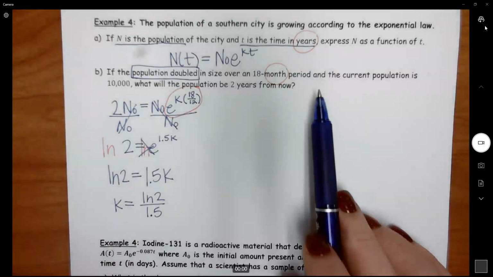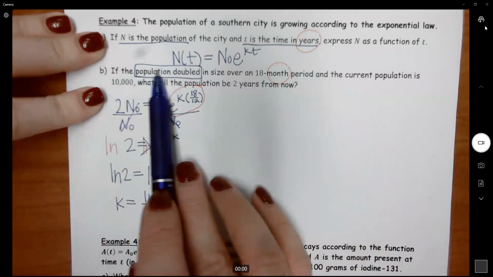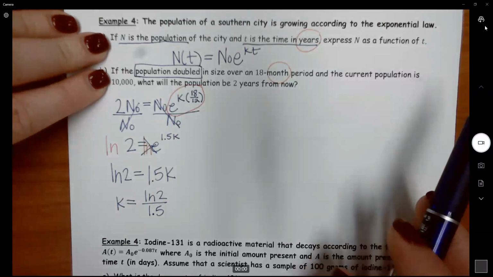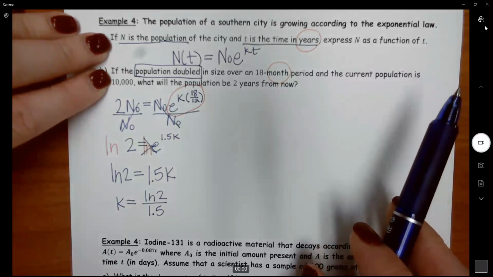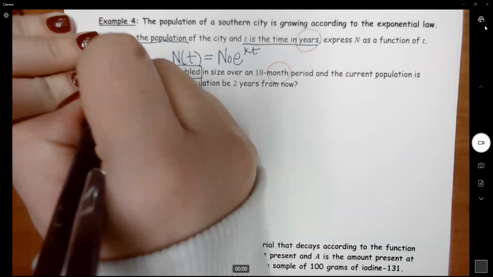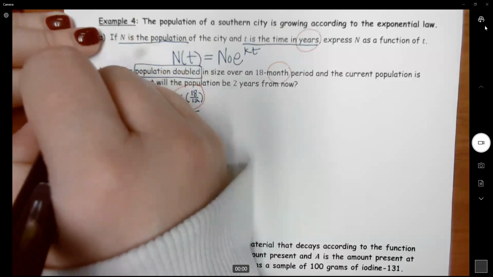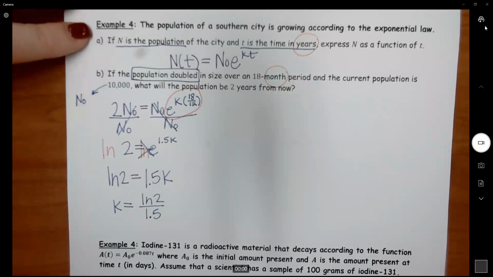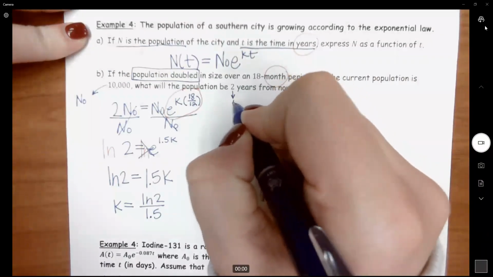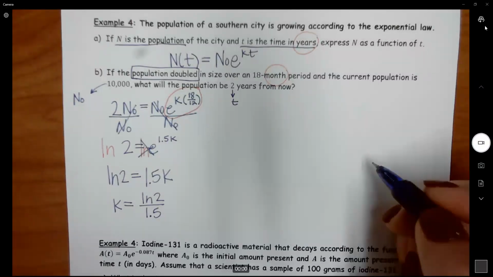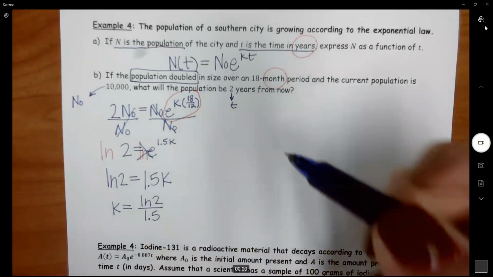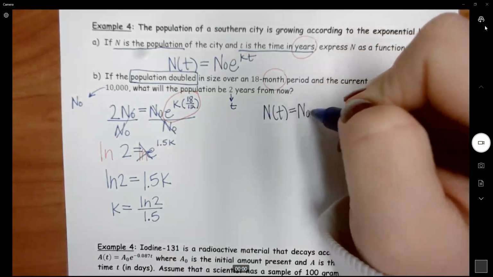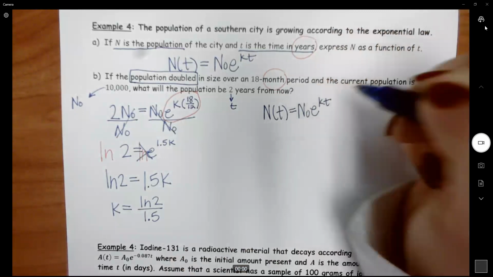So now we have dealt with this first portion here. Now it says the current population is 10,000. So this is my N naught. What will the population be in 2 years? This is my T. So if I rewrite my formula, we have N of T equals N naught E to the KT power.